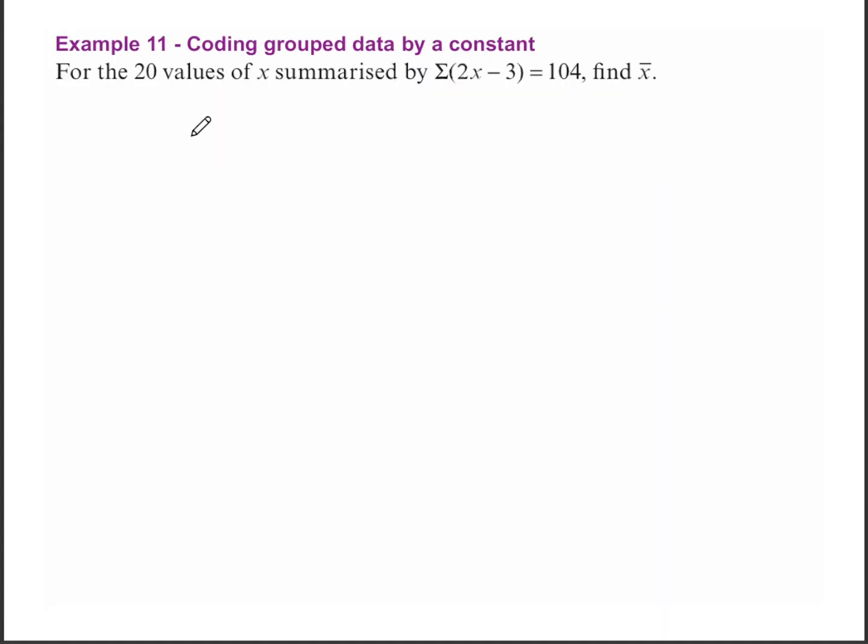Finally, for the 20 values of x summarized by the summation of 2x minus 3 is equal to 104, we have to find the original x bar. Now remember, x bar is equal to 1 over the constant that is multiplied to x, which is 2, multiplied by the mean of 2x minus 3, which is just the summation of 2x minus 3 divided by the total number of data points, which in this case is 20.